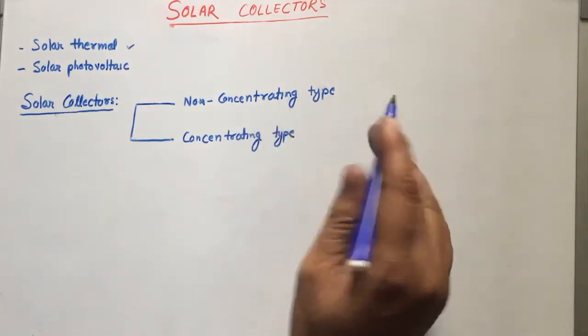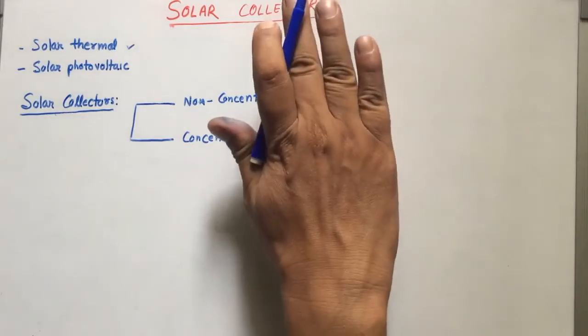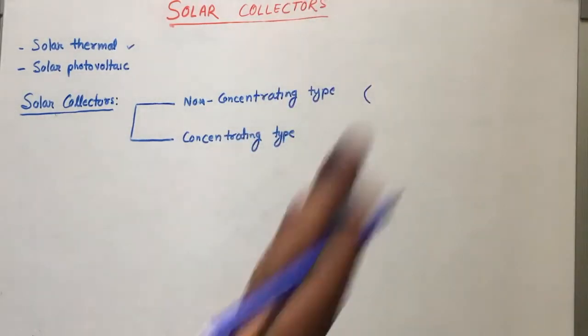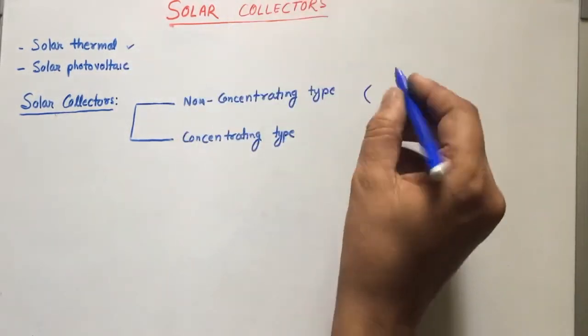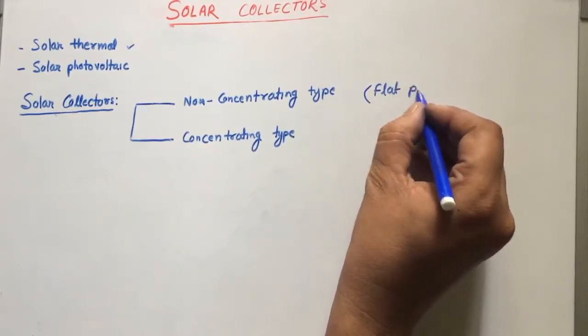So in this case, the collector surface is simply a flat plate. Radiations are coming directly, it is absorbing. So here we have flat plate collectors.